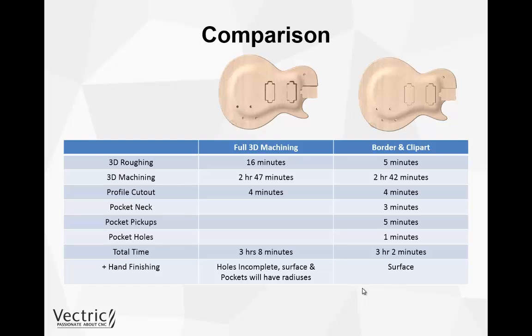The surface on both of these is going to need a good hand finish just to make sure it's nice and even and smooth. But also the pockets at the bottom of each of these pickups and the neck is going to have a radius that runs around the edge of the pocket due to the fact that this would have been done with a ball nose tool. That can prove quite tricky to hand finish as well.